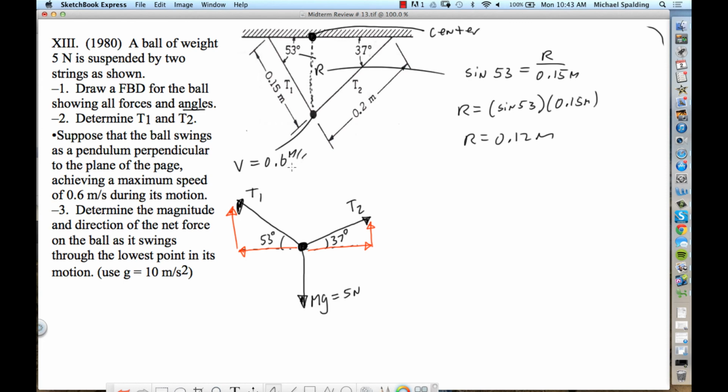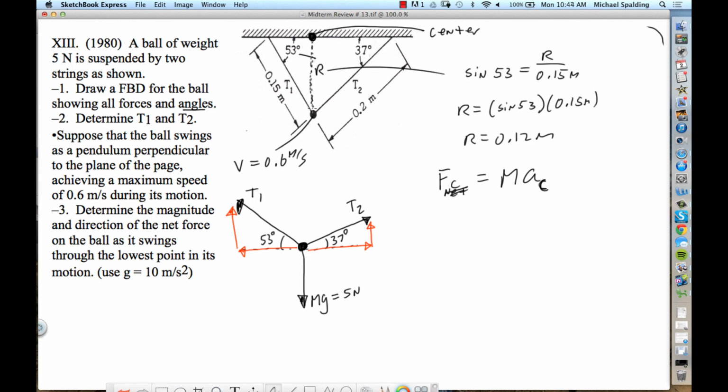The question, number 3: determine the magnitude and direction of the net force on the ball as it swings through the lowest point in its motion. The net force. What is net force always equal to? It's equal to ma. What type of a is this? It's centripetal acceleration because it's in a circular path. So the net force must be a centripetal force.